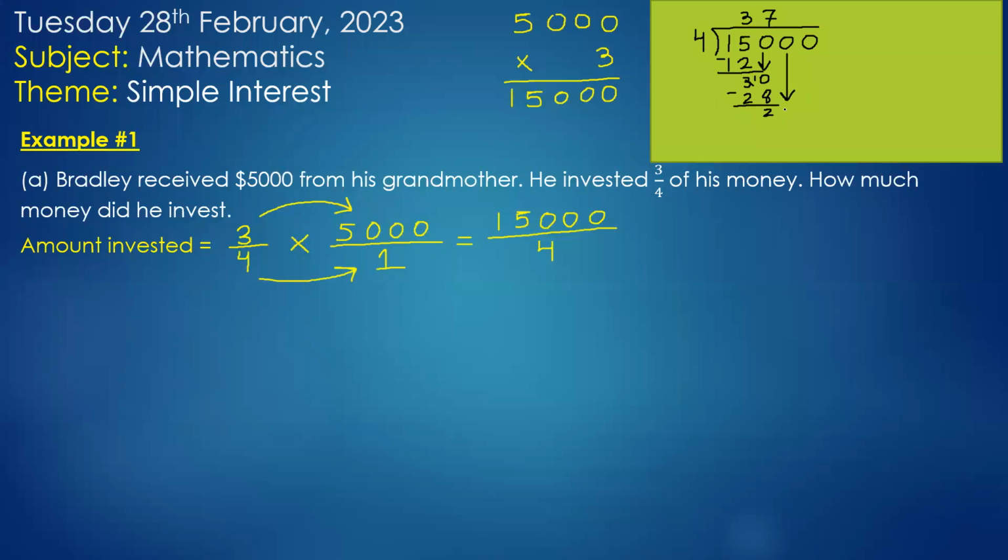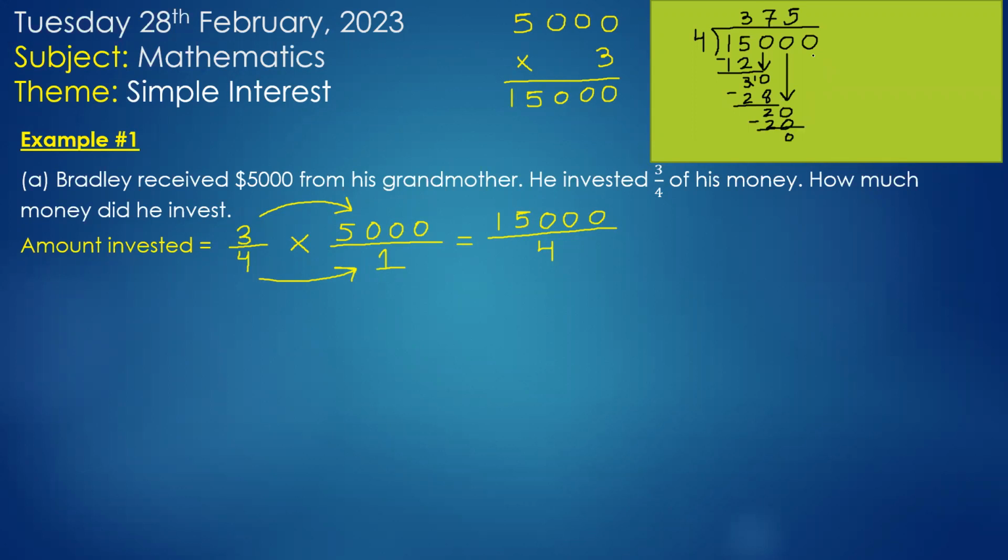How many times does 4 go into 20? 5 times. 4 times 5 is 20. Minus, 0.